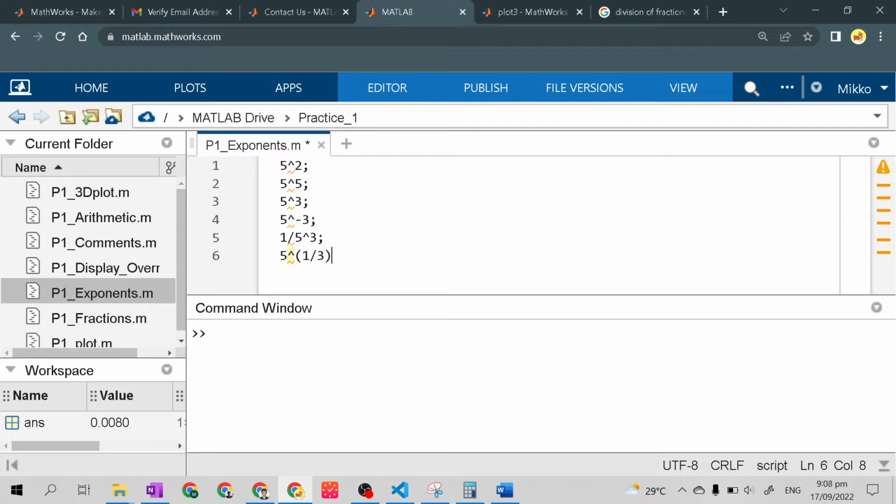So if we want to have a cube root or a radical or a square root, this is the only option to make a radical expression.